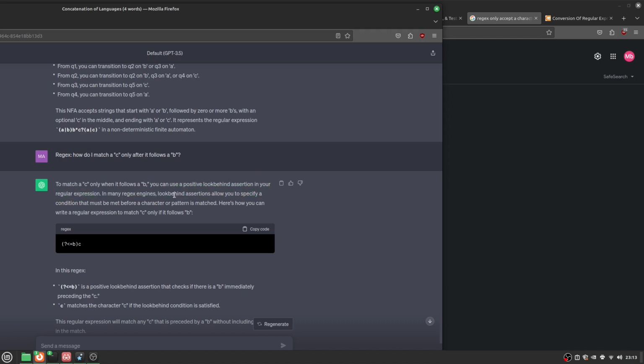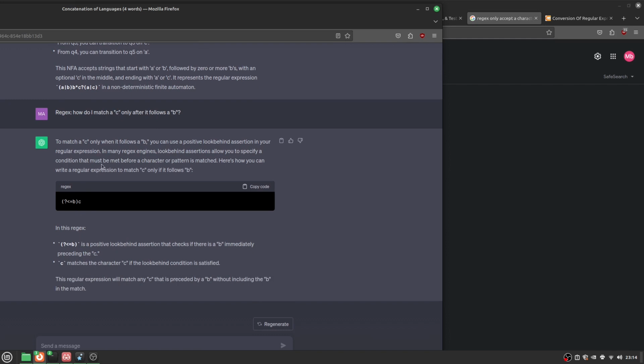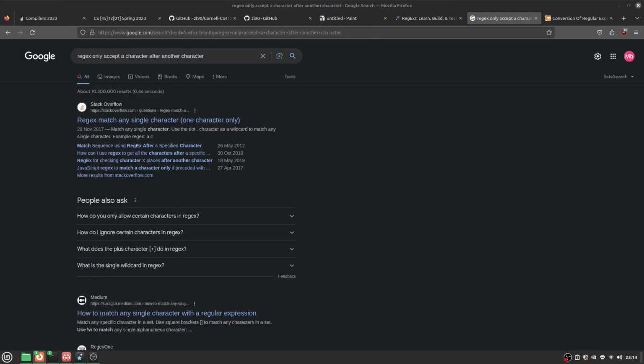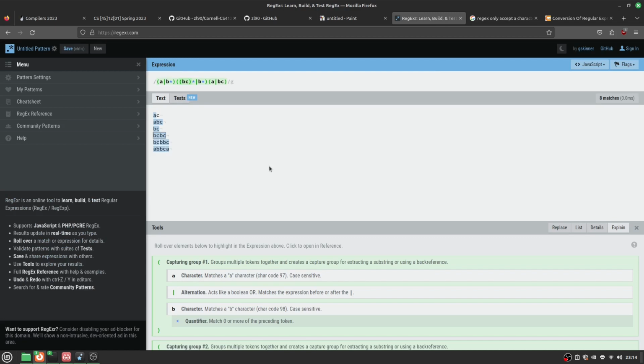In many regex engines, look-behind assertions allow you to specify a condition that must be met. It's a positive look-behind assertion that checks if there is a B immediately preceding the C. Alright, plug that in, see what happens. I hope I've even interpreted it correctly in the first place.